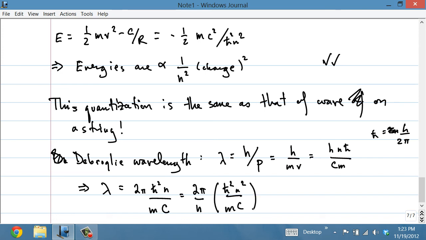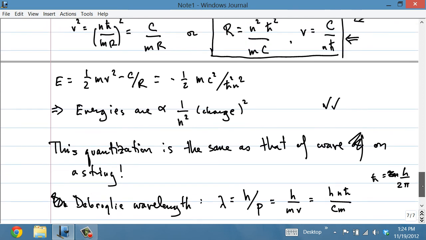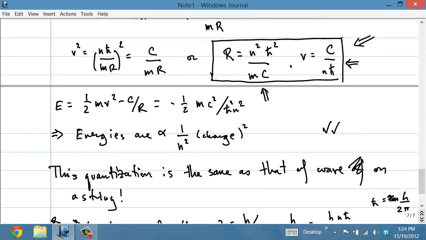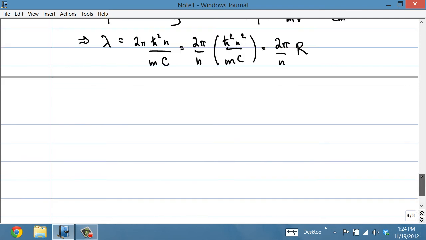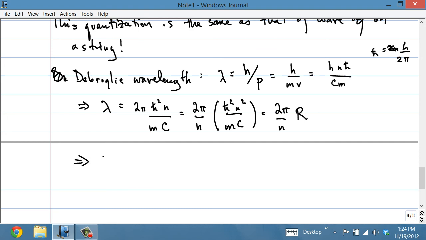And what is h bar squared n squared over mc? Well, if my screen were a little bigger, then I wouldn't have to scroll up to show you that it's precisely the radius of the orbit. So that's 2 pi over n times the radius of the orbit. Or, to state this slightly differently, 2 pi r is n lambda. So what does that mean?